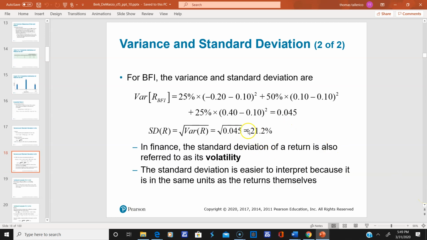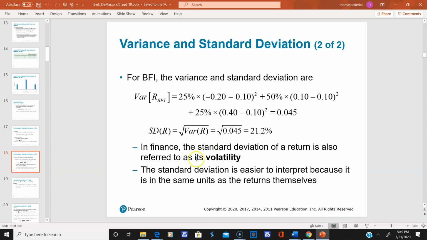Okay, so for this company that we talked about, I forget the name, BFI or something, that was the name. The variance and the standard deviation are as shown here. And if you go through this calculation, you come up with the variance is 0.045 or 4.5%, and the standard deviation is 21.2%.